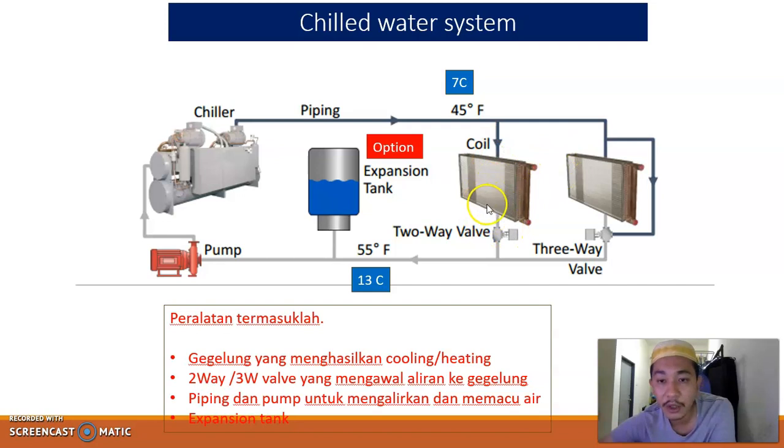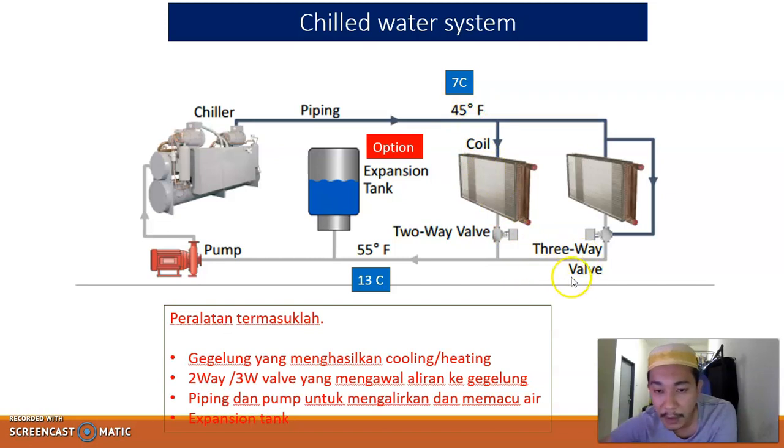This is an example where we have about two coils here. For the cooling coil, this is one air handling unit and this is one more air handling unit. We will have a two-way valve and a three-way valve depending on the application of the chill water system. Usually the temperature going to the cooling coil is about 45 degrees Fahrenheit, which is about 7 degrees Celsius.